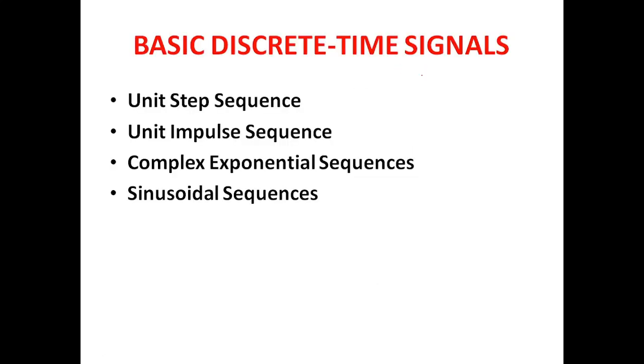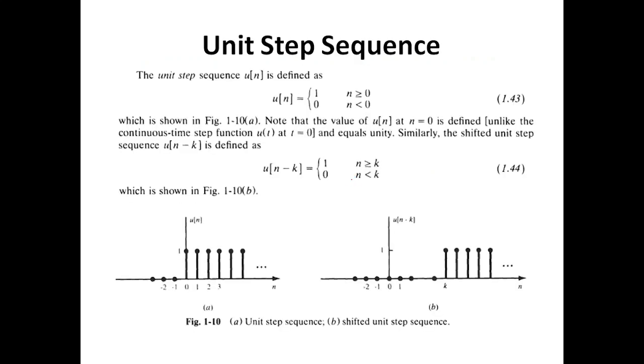Now coming to the basic discrete time signals, the same thing but in the discrete time domain. We have the unit step function, unit impulse function, complex exponential sequences, and sinusoidal sequences. For the unit step, from n equals 0 to infinity you have an amplitude of 1, and it goes on.